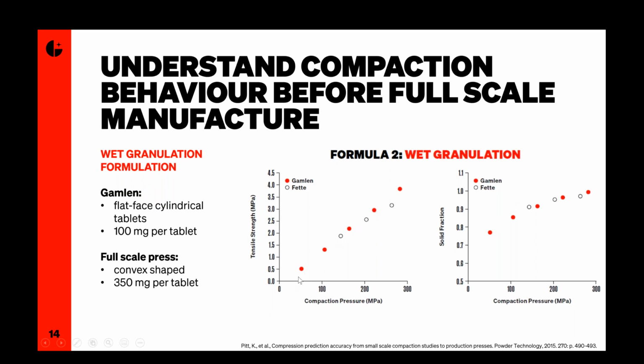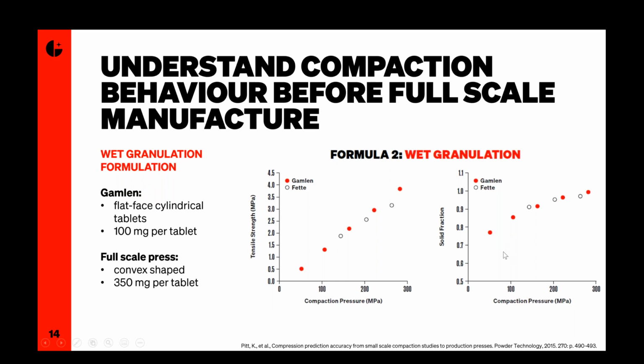So if you were working with these tablets and the Gamlen data had shown that your tensile strength was going to come out low, that you were going to have weak tablets, then you would know that this was going to predict the quality of the tablets you would generate in production.